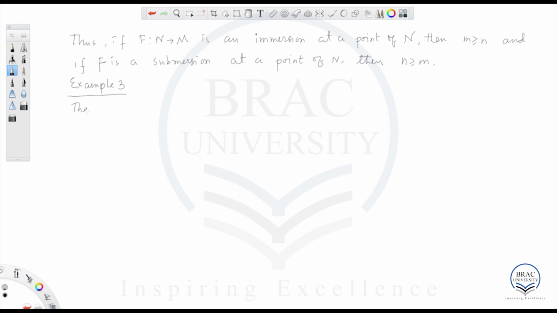The prototype of an immersion is the inclusion of R^n into a higher dimensional Euclidean space R^m.